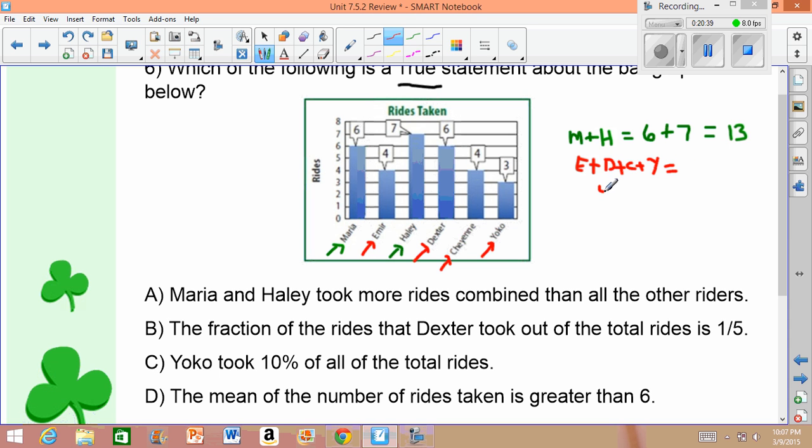So Amir had 4 plus Dexter's 6 plus Cheyenne's 4 plus Yoko's 3. So when I add all of that together, that's 10 plus 7, and that gives me 17. So as far as I know, Haley and Maria's 13 is not greater than 17. So statement A is incorrect.